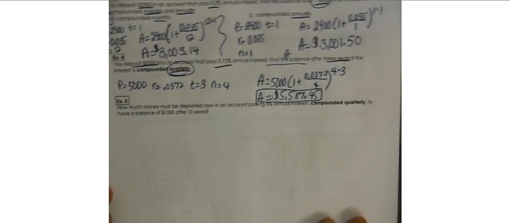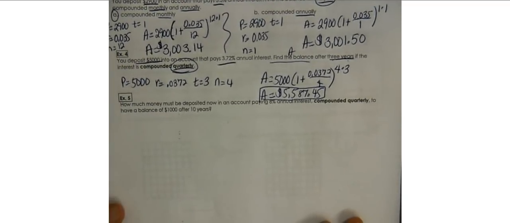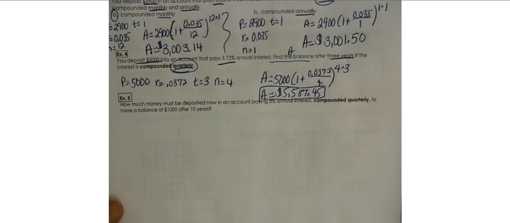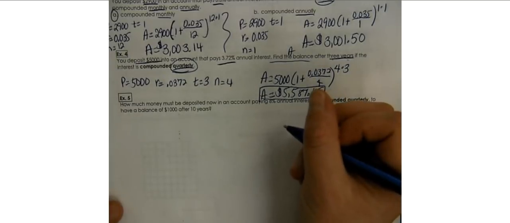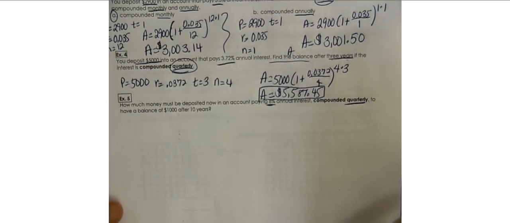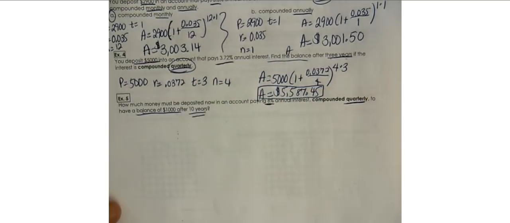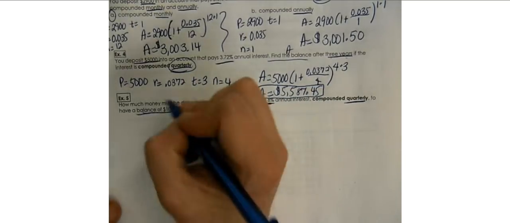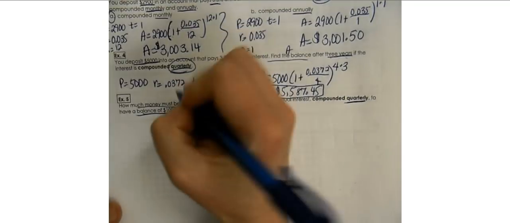Our last example of this lesson, it says how much money must be deposited now in an account paying 8% annual interest, compounded quarterly, to have a balance of $1,000 after 10 years. So how much must be deposited means that we want to find our principal. What did we start with?